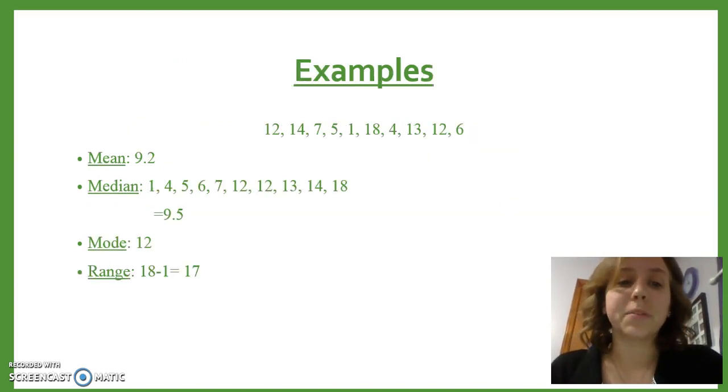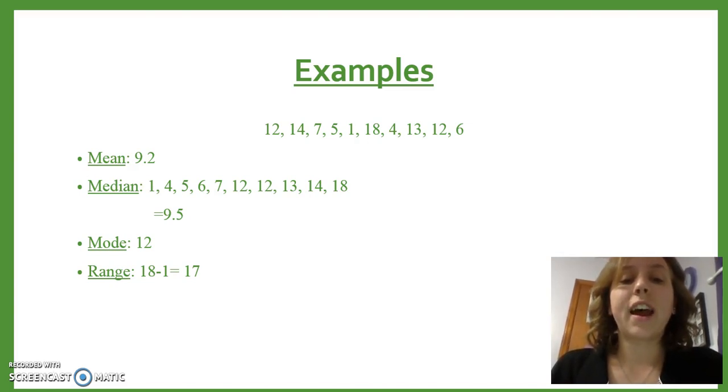So I have some examples of this. I've given you this data set of 12, 14, 7, 5, 1, 18, 4, 13, 12, and 6. We said that the mean was the average.